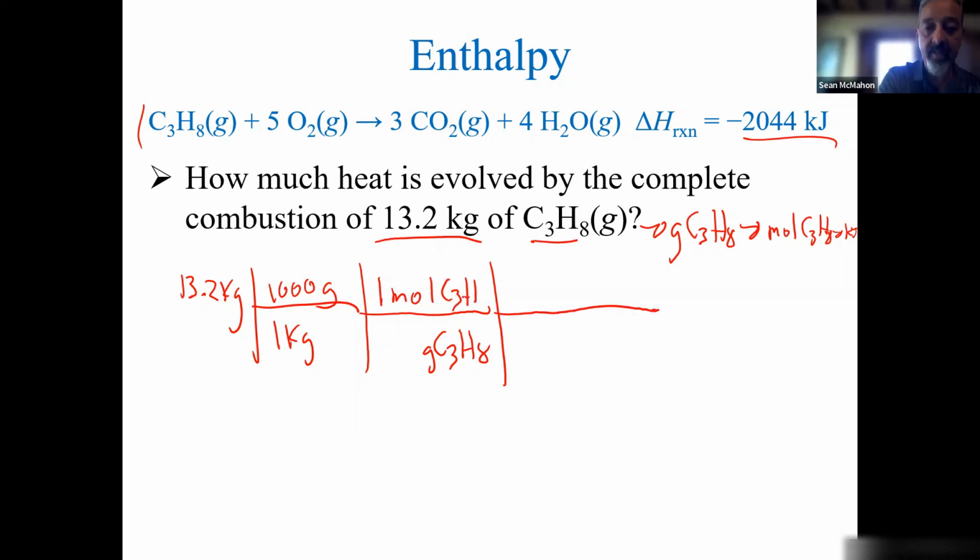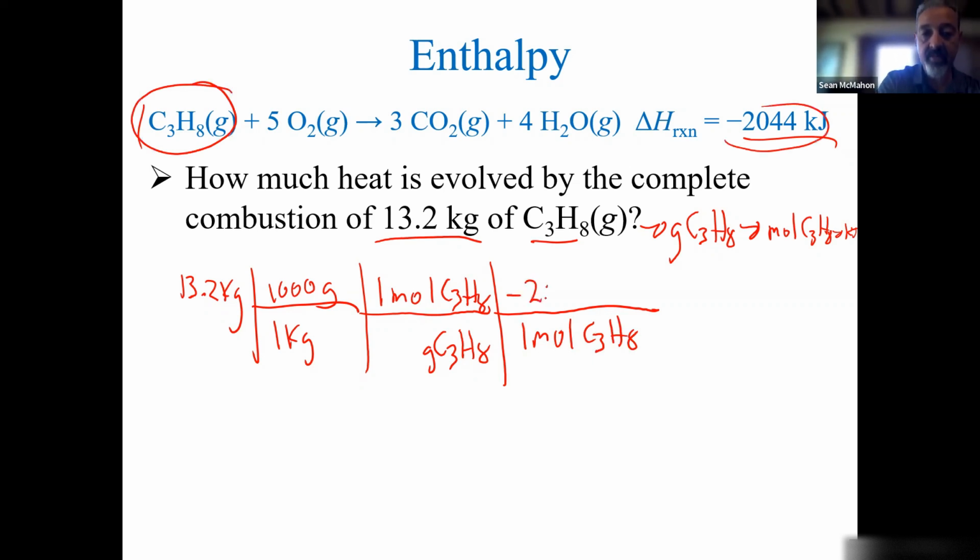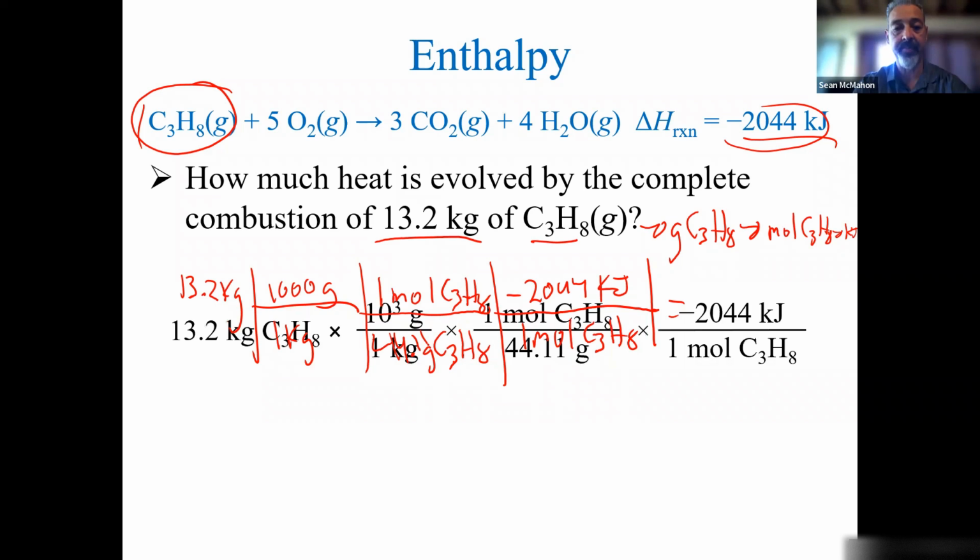And then 1 mole of propane, if that burns, according to my balanced equation, then I'm going to release 2,044 kilojoules. The negative sign makes a difference because it's telling the direction, whether it's being released or absorbed. So I have to calculate the molar mass of propane. So 3 times 12, 36 plus 8, roughly 44.11 grams of propane.